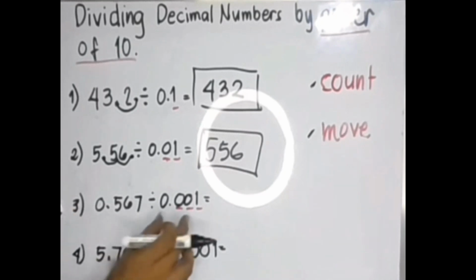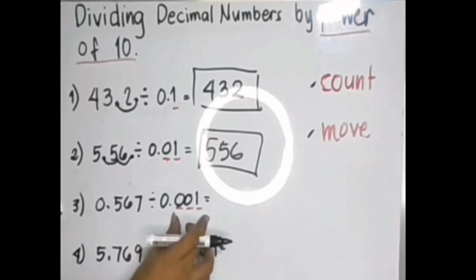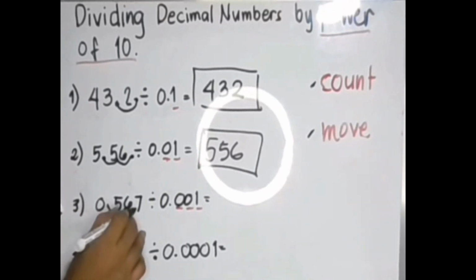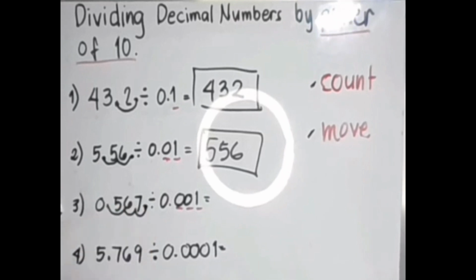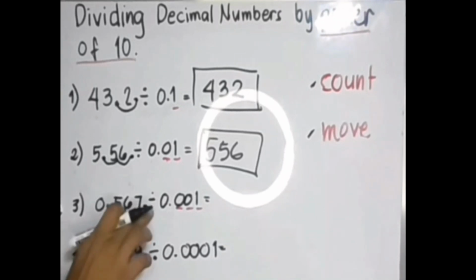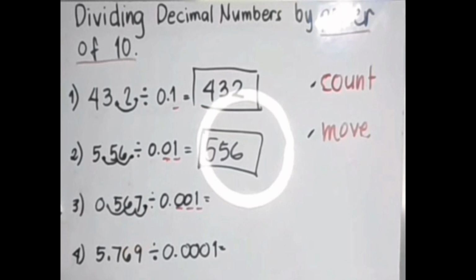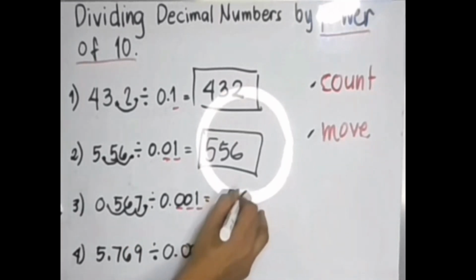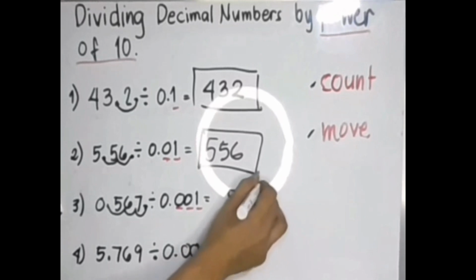Depende kung ilan ang decimal places sa ating divisor. Since 3 ang decimal places sa ating divisor, 3 beses din natin i-move ang ating decimal point sa ating dividend. So, move natin. 1, 2, 3. So, ang decimal point ay malilipat doon sa unahan ng 7 or right after 7. So, the answer will be now 567.